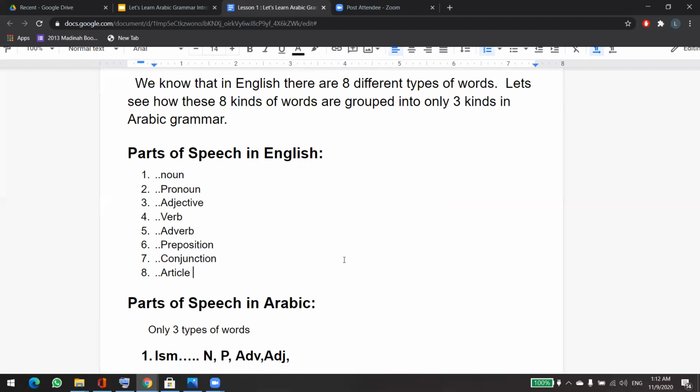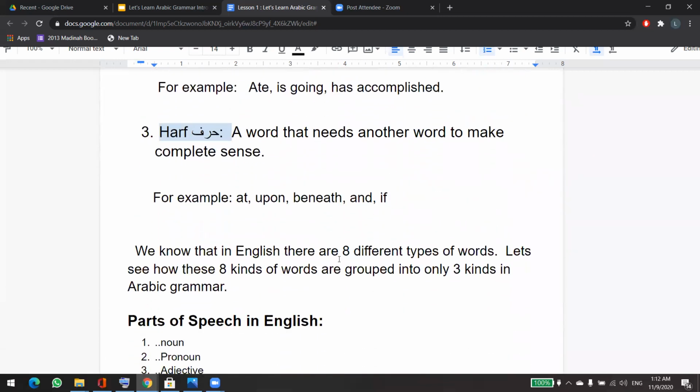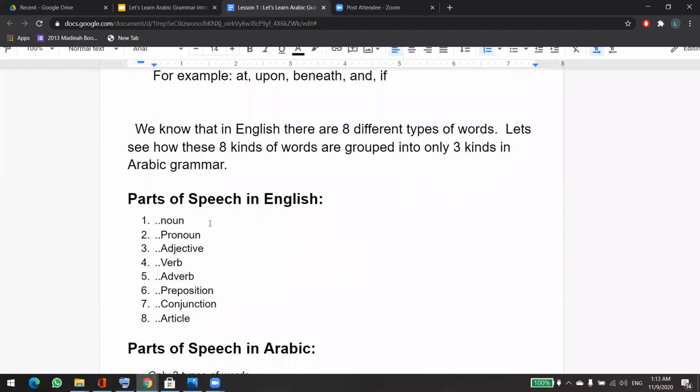So far, according to what we learned from the definition of these three words, we can say that all nouns are ism in Arabic, right? Because ism is the name of a person, place, animal, thing, or idea. So all nouns are ism, all pronouns.